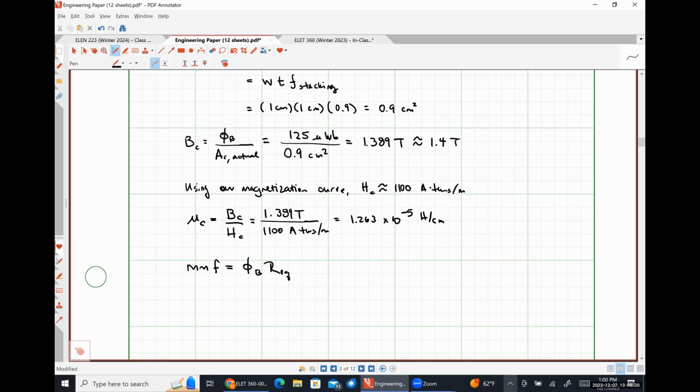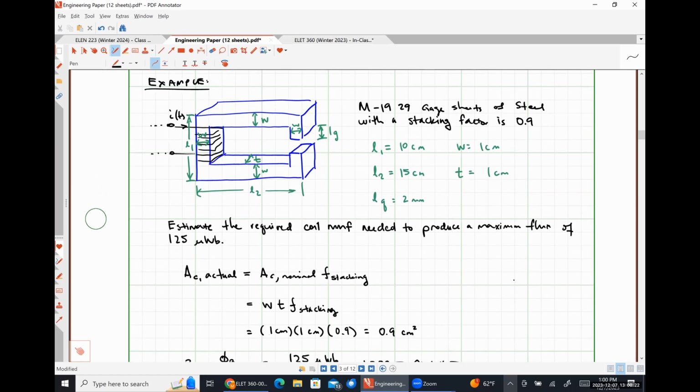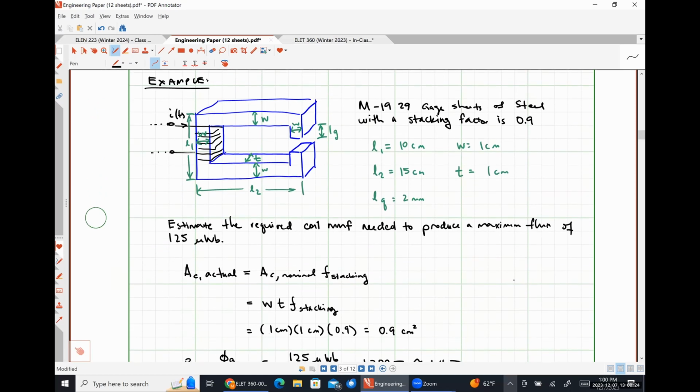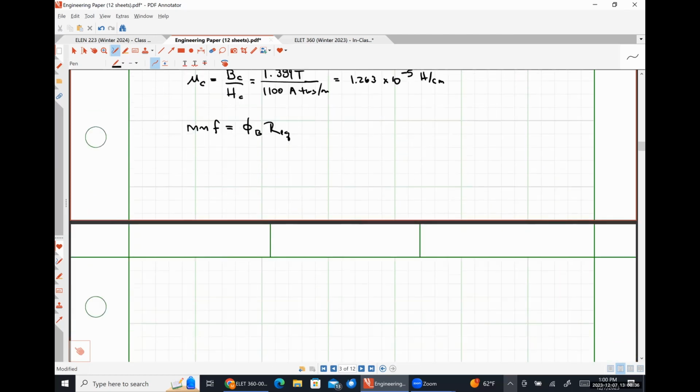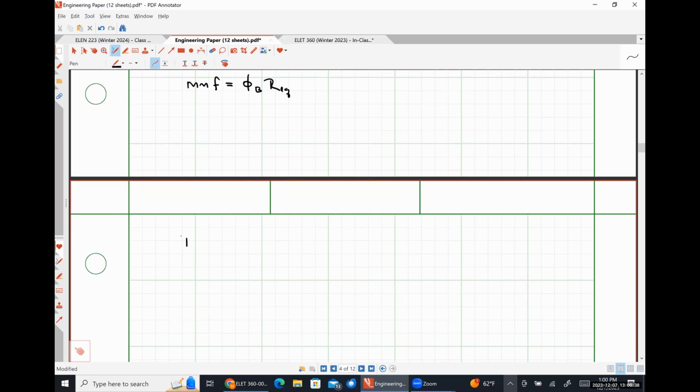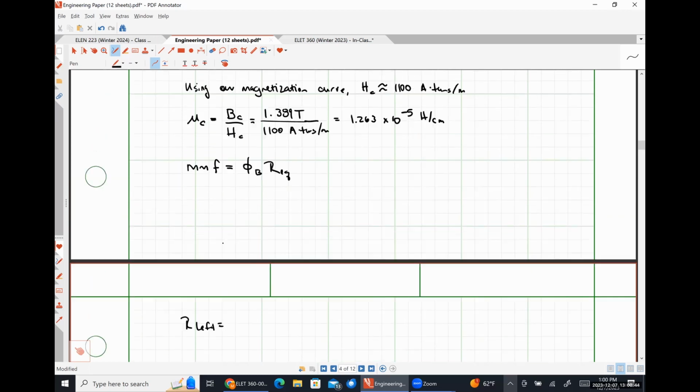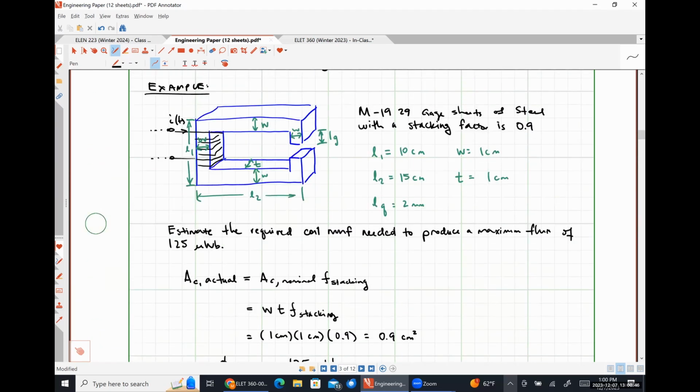So how am I going to break this core up? I have a left leg, I have a top leg, I have a bottom leg, I have something on the right, and then I also have that gap, so I'm just going to calculate those four reluctances, right? So let's start with the reluctance of the left leg. What distance does my flux travel when it goes along the left leg?